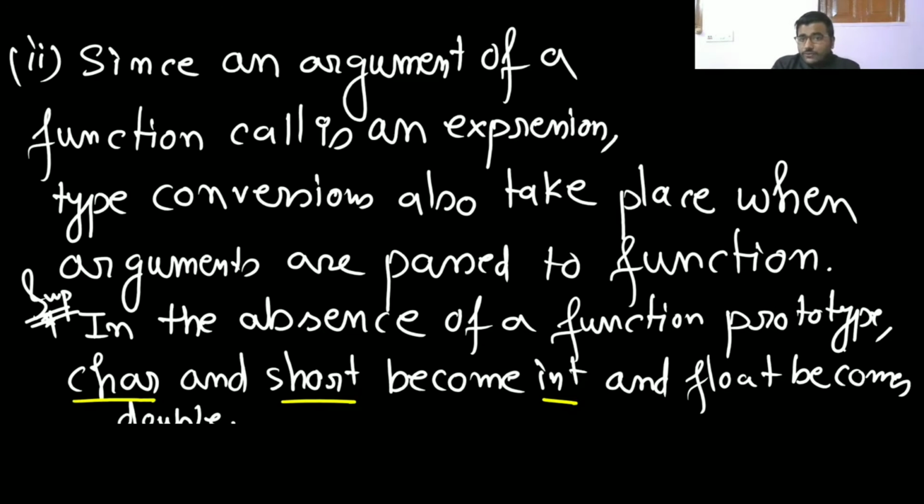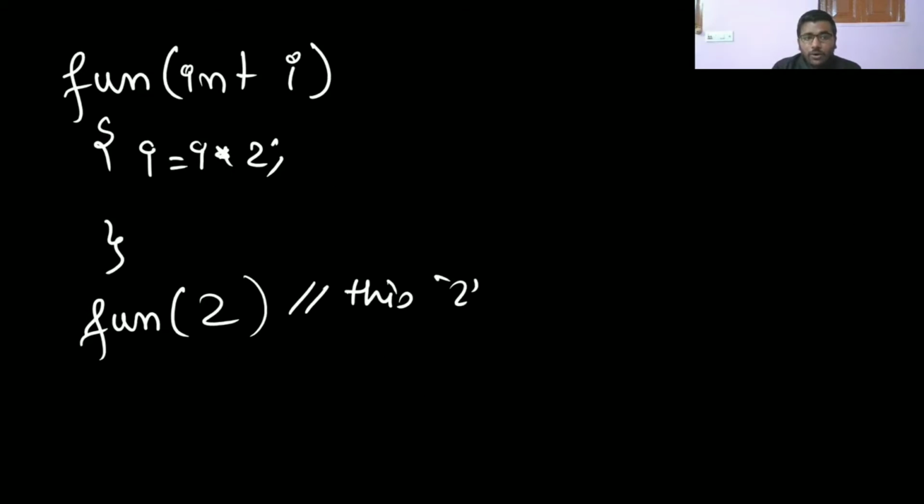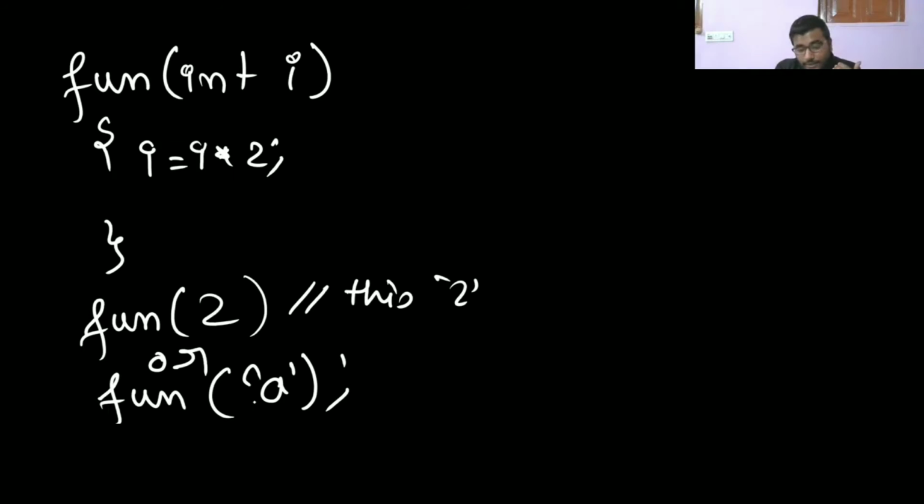Because in the absence of a function prototype, char and short become int. It is in the range of short and char, because short is a smaller data type than int. So this will get converted into int. Likewise, here you can call fun a. This is a character data type, but it will get converted into int.